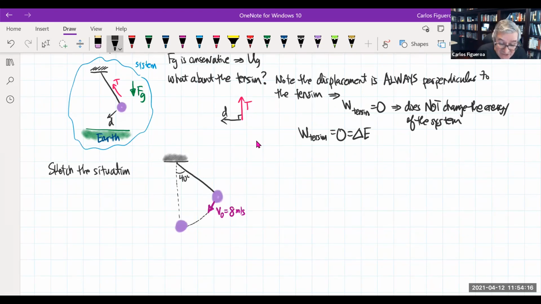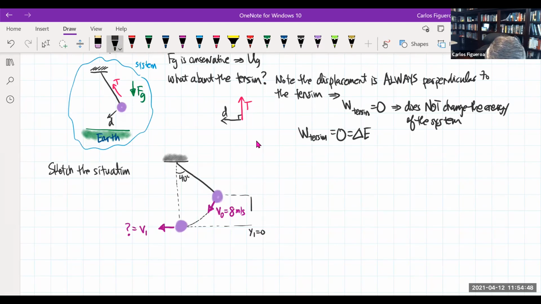And then when it gets to its lowest point, we want to ask the question, what is the speed here? So if I call that initial, I'm going to call this guy V1. What is the speed down here at the bottom? Now note, I could set my reference potential to be anywhere I want, and it seems like a good place to choose here is to choose y1 equal to 0.